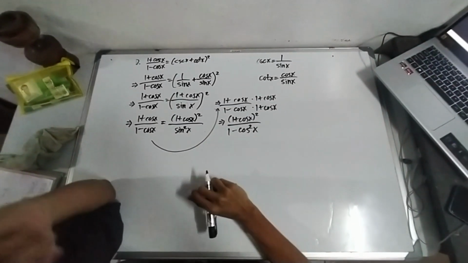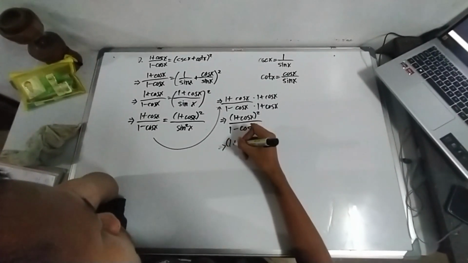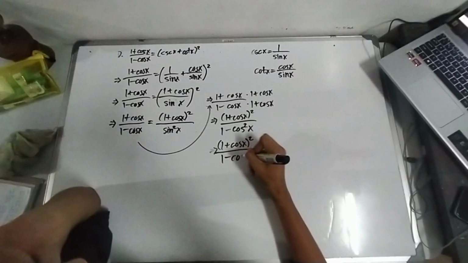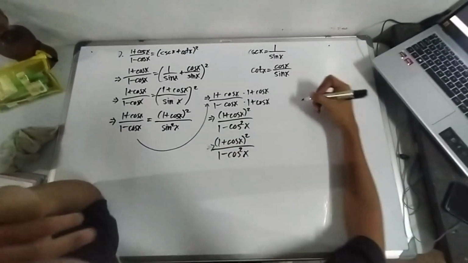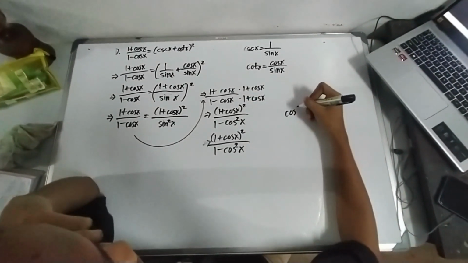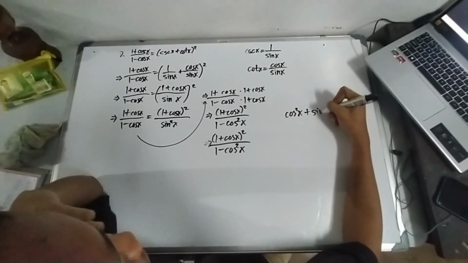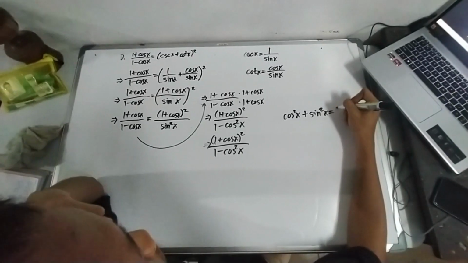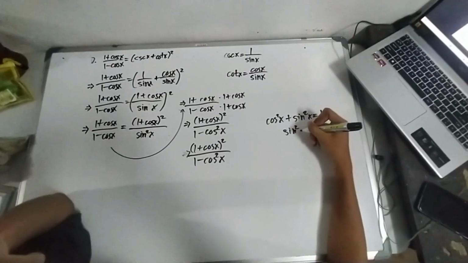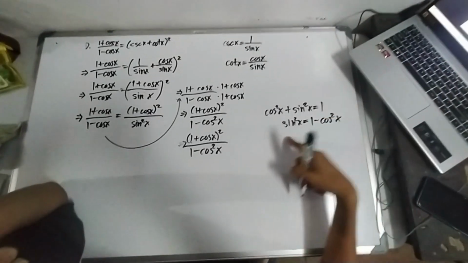And after that, we now have (1 plus cos x) squared over 1 minus cos squared x. And we know that with the Pythagorean identity, cos squared x plus sine squared x is equal to 1, so sine squared x is equal to 1 minus cos squared x.